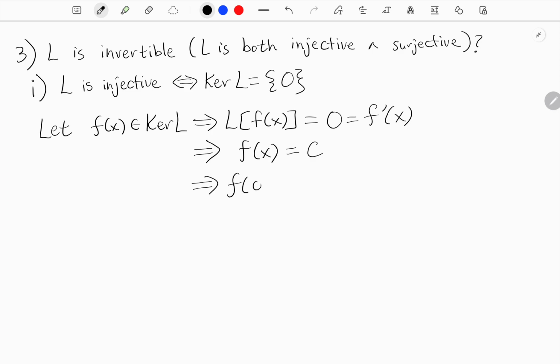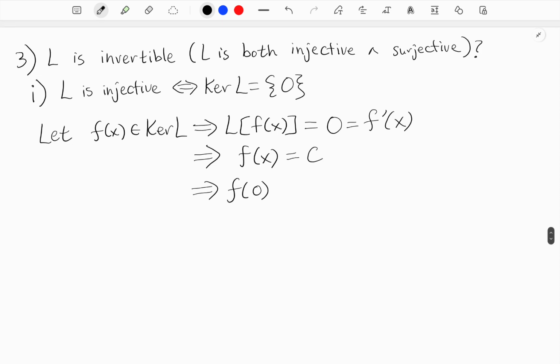What do we know about f of 0? The kernel of L is a subspace of the domain, our domain subspace W. So now f of 0 is equal to 0, but f of x is equal to c.